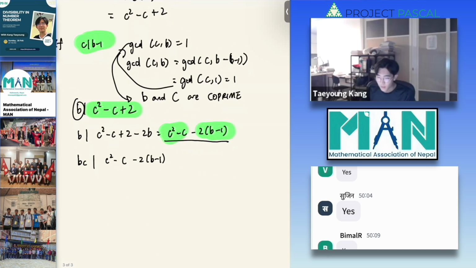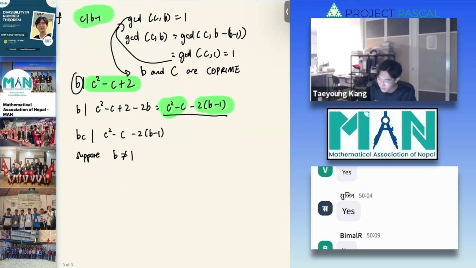And if B is equal to 1, obviously there are infinitely many solutions, right? So supposing B is not equal to 1, i.e. B is larger than or equal to 2, what solution set do we get?